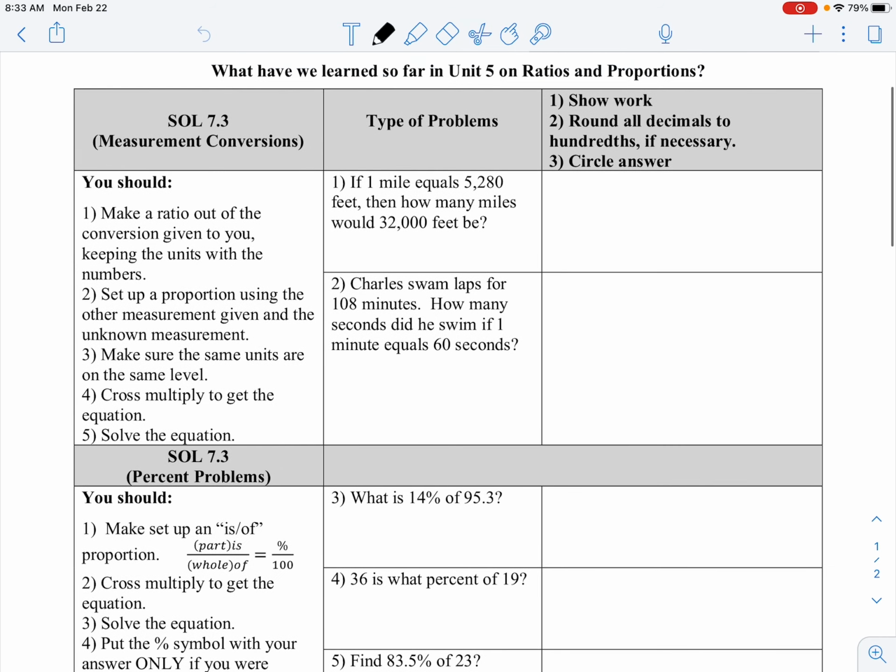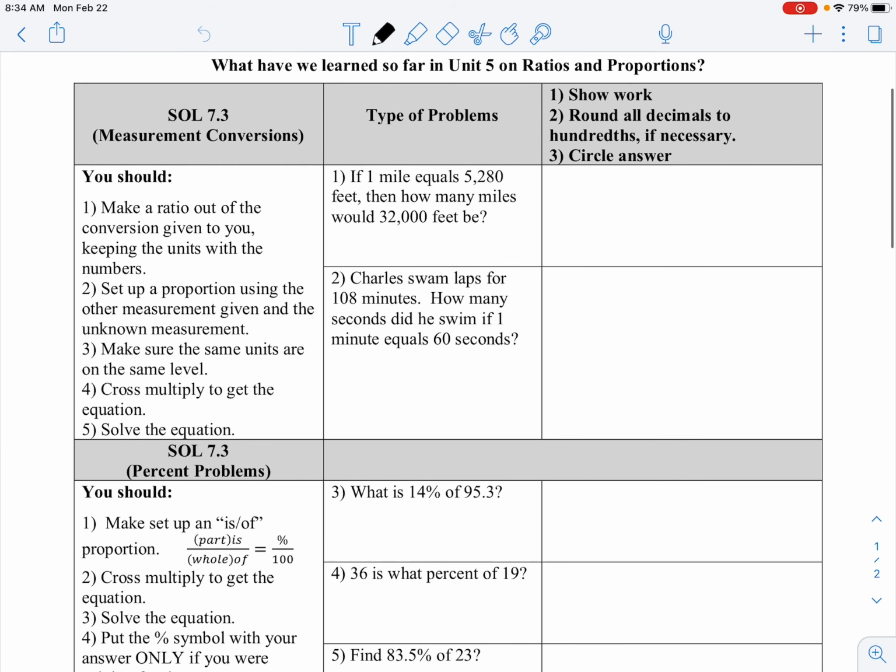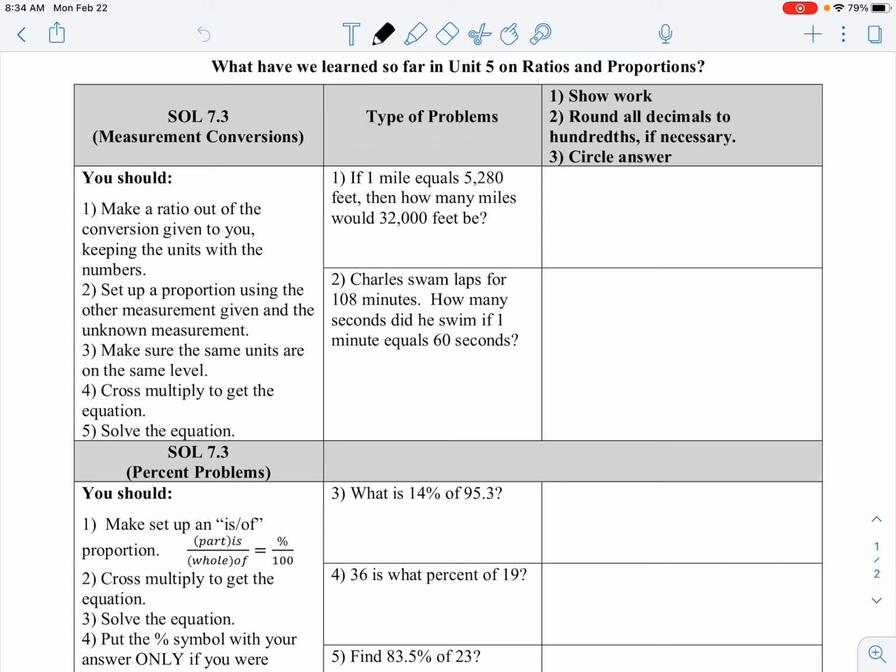Today we are going to be going over some practice with all the things we've learned in Unit 5 so far with these ratios and proportions. Throughout this note session, before I do each problem, I want you to follow these directions: for each problem, try it yourself, and then hit play again and see the process that we go through to solve this.